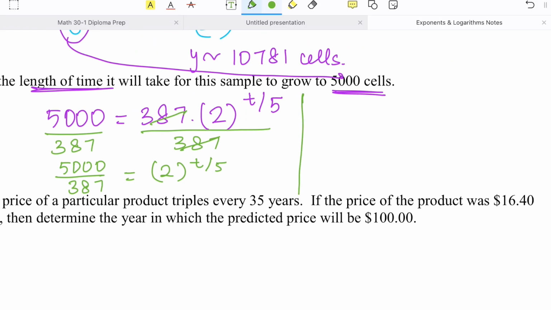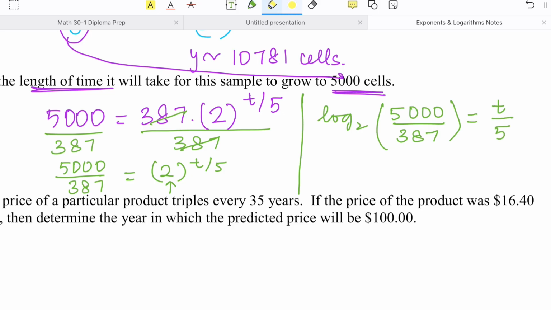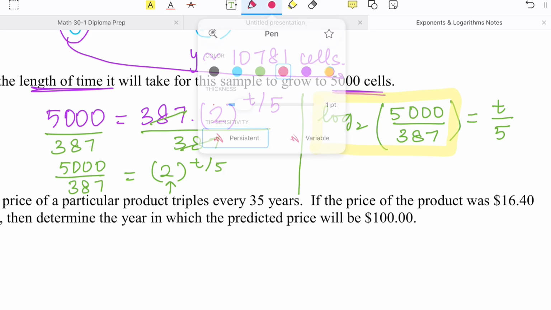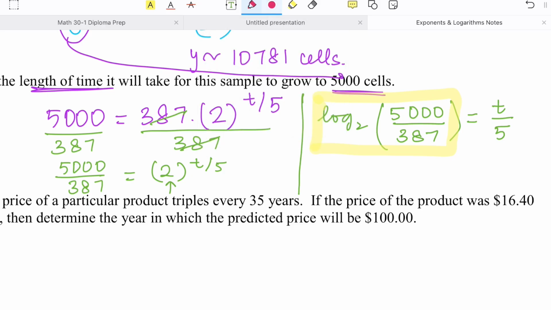So I do log base 2, because that's my base, of 5,000 over 387 is equal to t over 5. Now I put this in the calculator, and you should get 3.6915, and so on, and it's equal to t over 5.